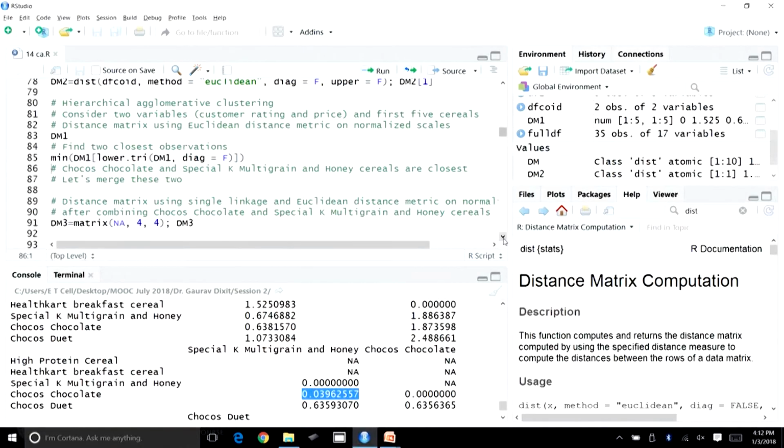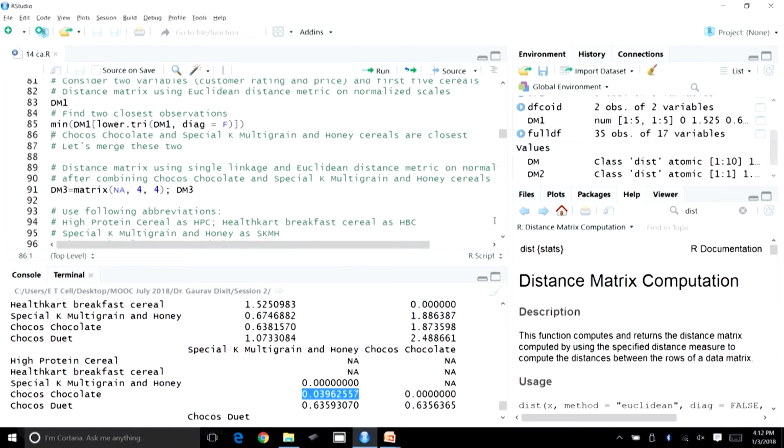So essentially we are left with one cluster having 2 observations and 3 other clusters having a single observation. Now, in terms of distance values for clusters, we will have to compute this 4x4 matrix. You can see here.